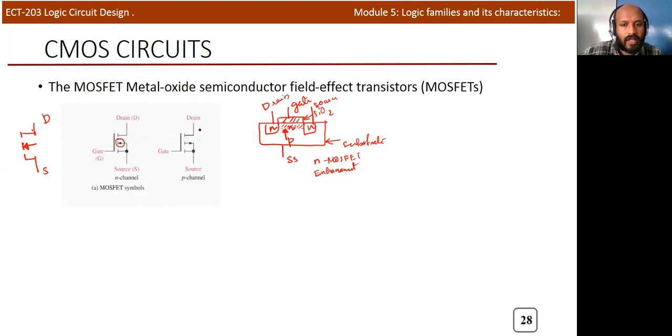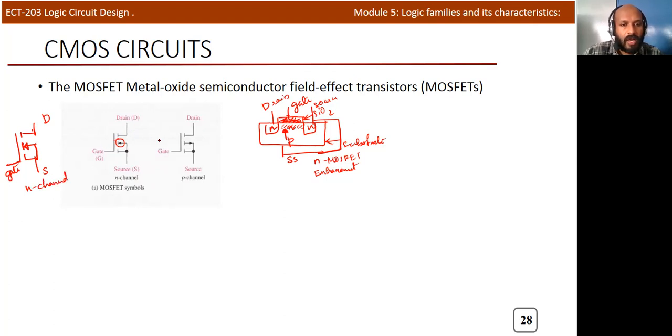In most cases, the source terminal and the substrate terminal are at the same potential, so we can show the substrate terminal and source terminal shorted. You can also see the insulating layer between gate and channel, so we draw it like this. This is the gate terminal, and here you can see the N-channel MOSFET.